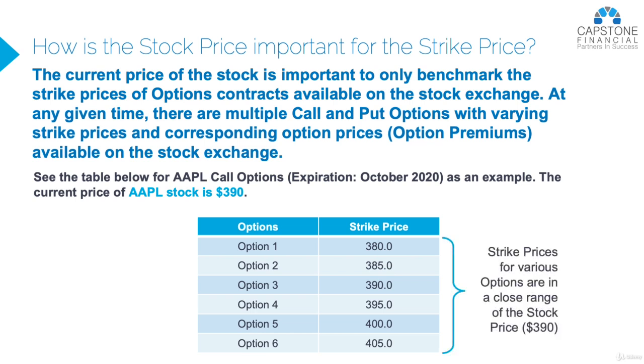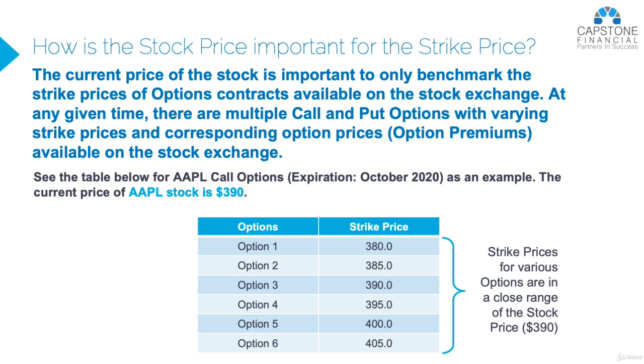If we are looking to generate monthly income, you're going to probably look at Apple strike prices around the $395 to $400 mark, simply because the closer the strike price is to the actual price of the stock on the market, the more expensive the option is going to be.